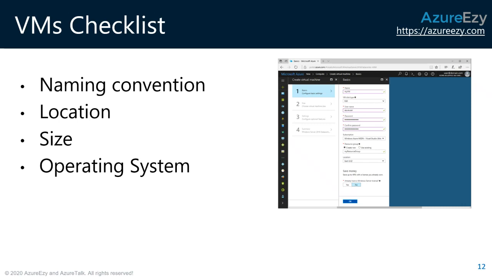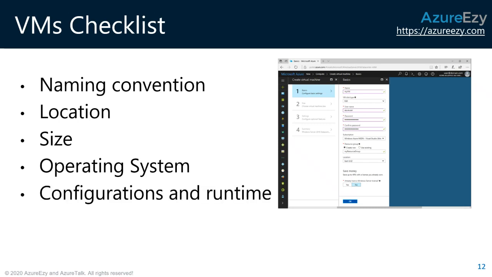Going forward, you are going to maintain that virtual machine, taking care of the operating system updates, operating system configuration, and all those things. And then the configuration and runtime. When you deploy your virtual machine, there are a lot of configurations which you can customize. For example, you can add some extensions so that some services can be installed as a part of deployment.